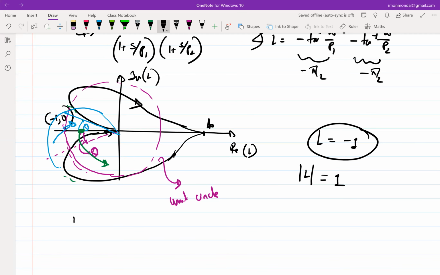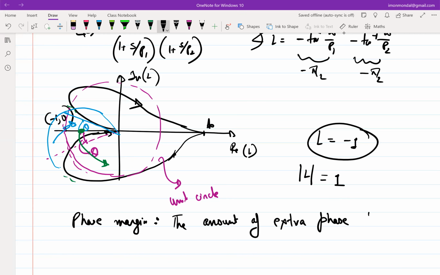So this is the phase margin, which is the amount of extra phase at omega u loop, at mod L equal to 1, that makes the closed loop system, that is V naught over Vi, unstable.